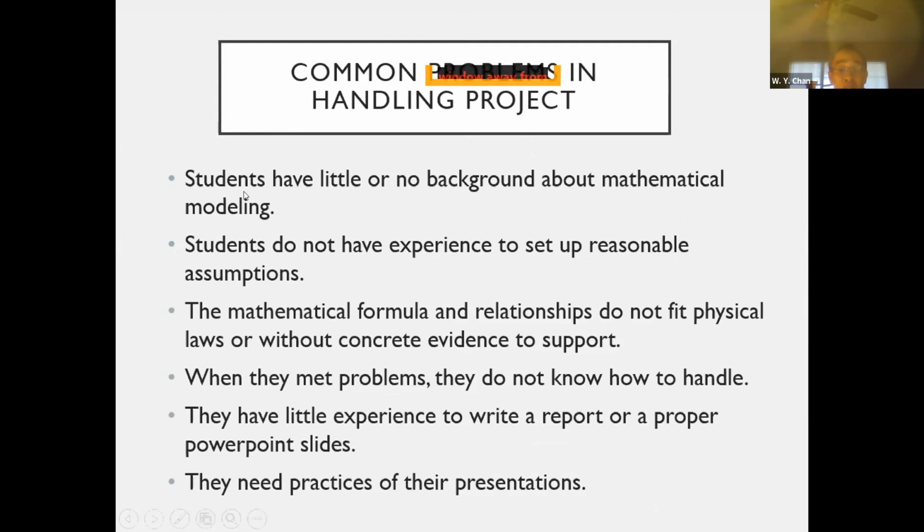What I can share with you is that students have little or no background in mathematical modeling. They do not have any experience reasoning through their assumptions. The assumptions sometimes are unimaginable, and you may not be able to put them into a mathematical formula. So you have to talk to them.